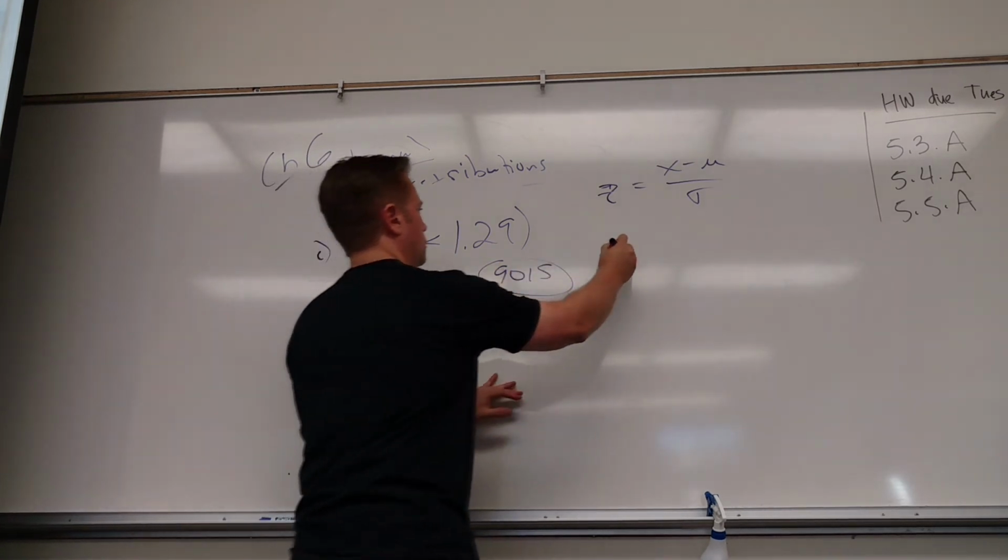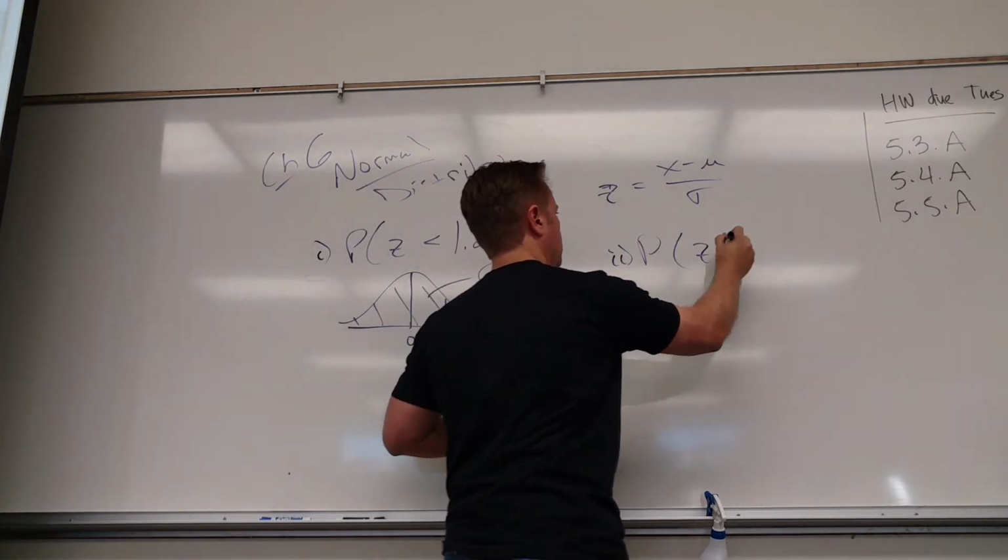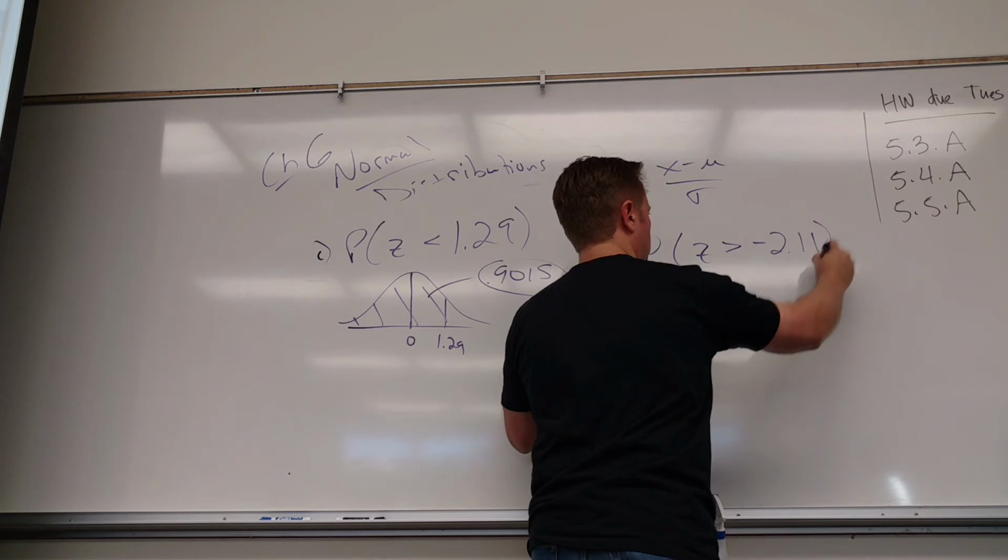That's number 1. Number 2, what's the probability that z is more than negative 2.11?